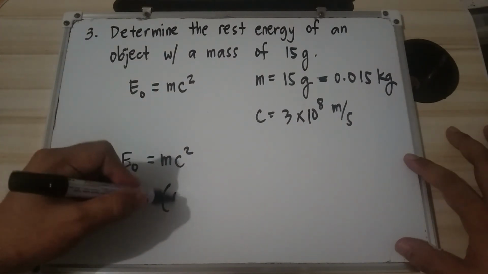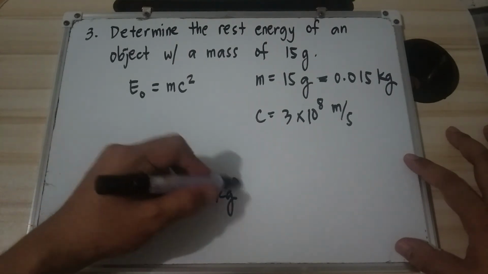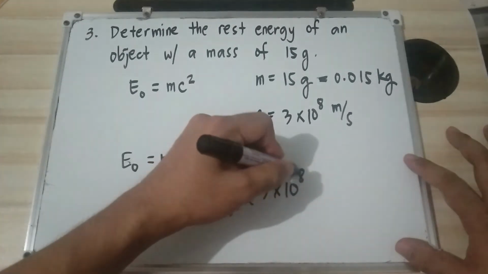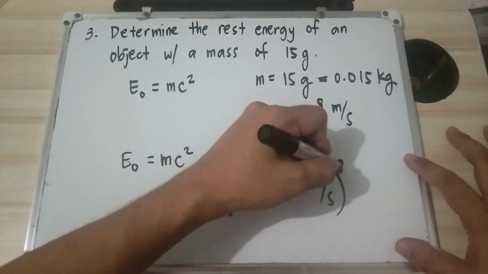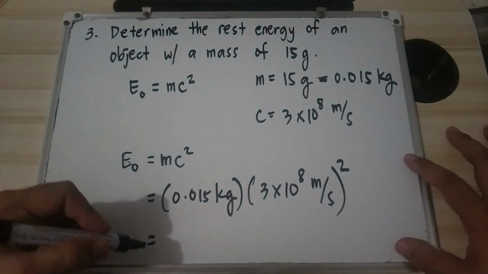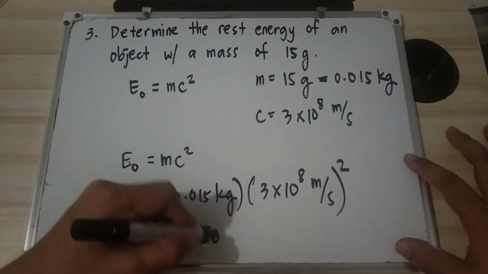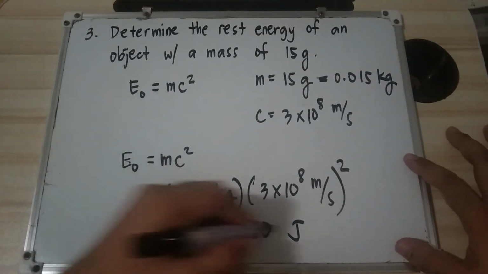So we have 0.015 kilogram times 3 times 10 raised to 8 meters per second squared is equal to 4,500,000 joules.